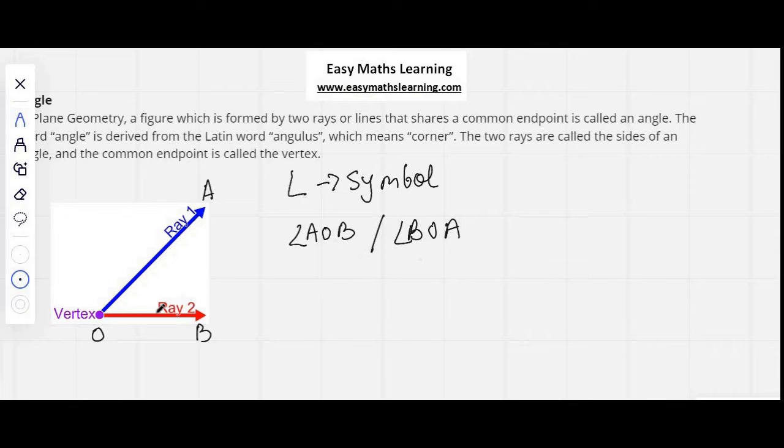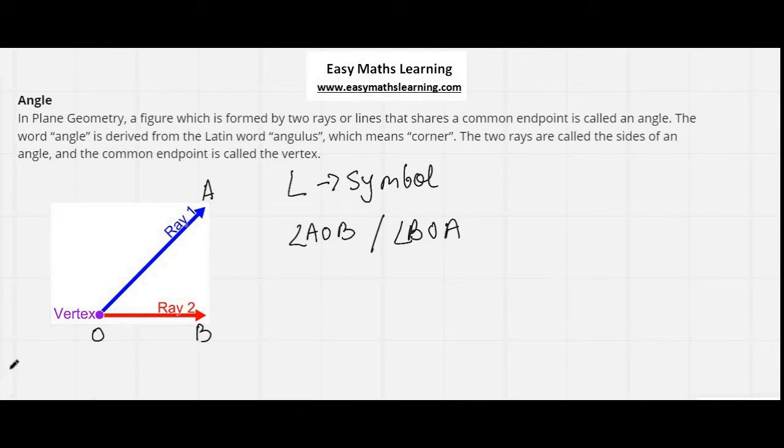Always remember the common endpoint or the vertex should be in the middle of the nomenclature. That is, when we are writing the name of the angle, O is the vertex here, so O is always in the middle, whether we start from A or from B.